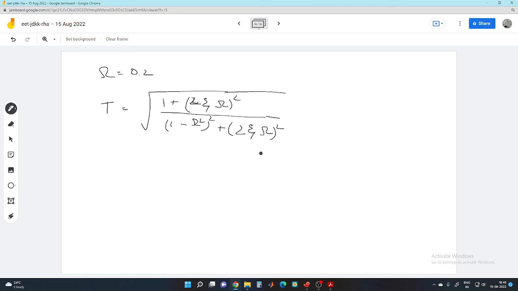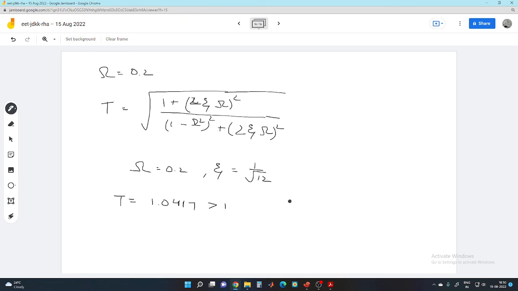And if we substitute 0.2 for omega and xi equal to 1 by root 12, what we get is the transmissibility equal to 1.0417.